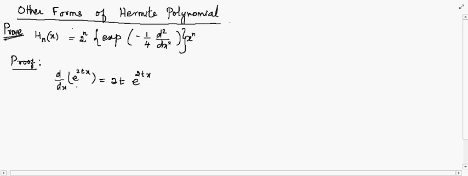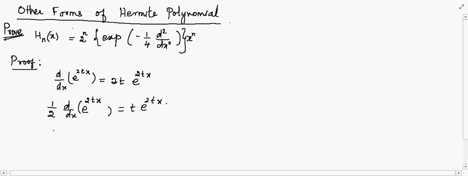Now take this 2 to the left hand side, then you will get 1 by 2 into d by dx of e power 2tx equal to t e power 2tx.